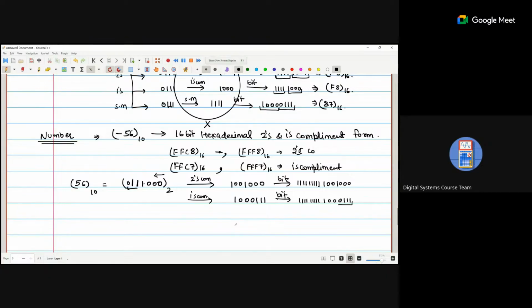Now make groups of 4. So this is 1100; 1100 is 12, and 12 is C. And all four ones, so that is F. Similarly for this one: F, F, C, and this is 1000, that is 8.